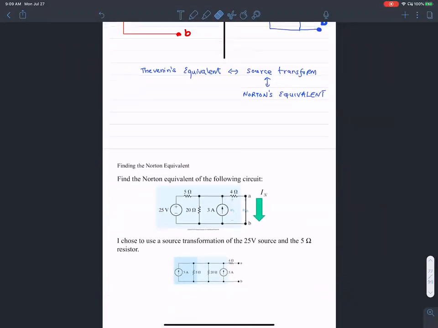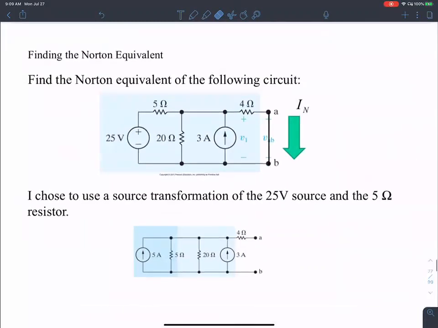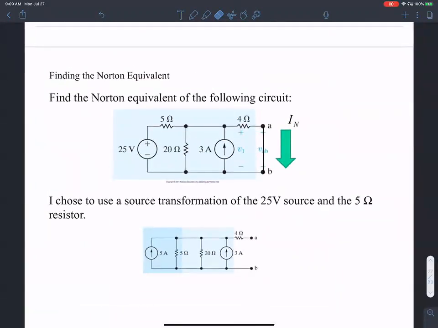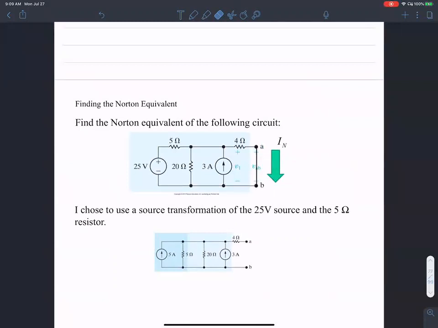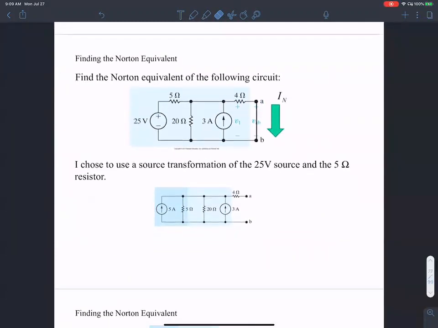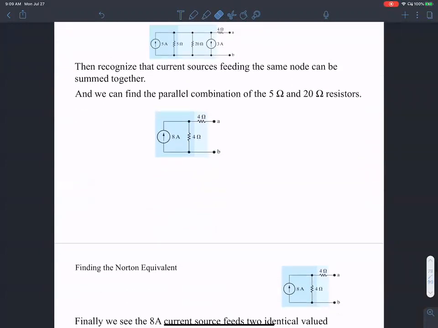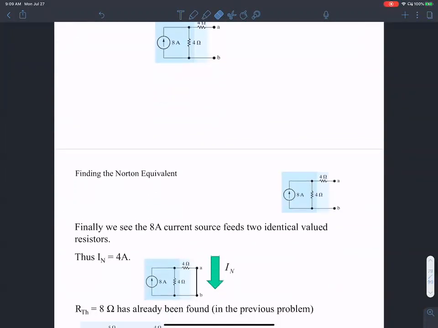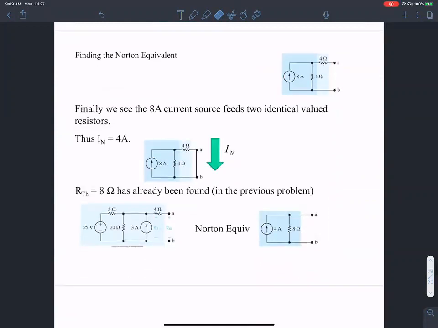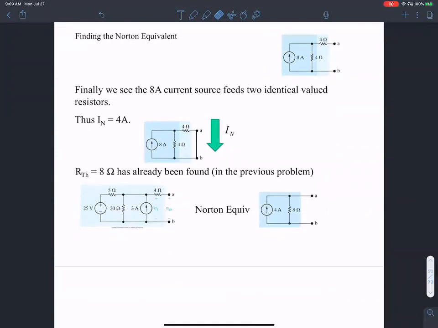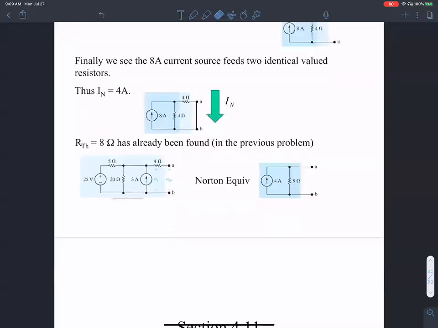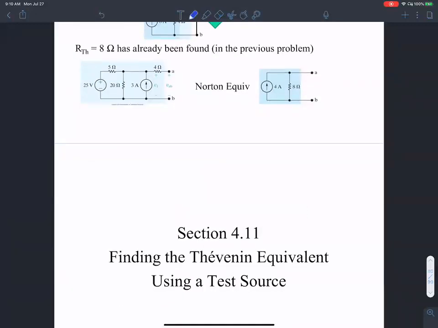Okay. So that's what is shown here. Find the Norton's equivalent of a circuit. Finding Norton's equivalent means you short the terminals A and B. And then in order to find the R Thevenin, you again apply the exact same thing. How do you find the R Thevenin?